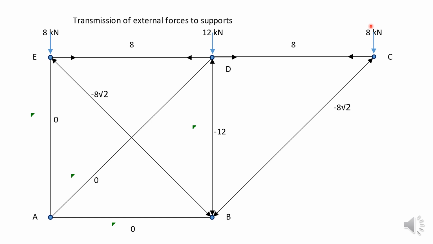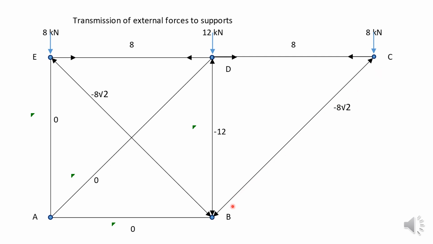Now for the vertical 8 kilonewtons at C, you must have a vertical component to balance that. Since this is horizontal, it will not contribute any vertical component here at C. So the vertical component comes entirely from this member here.